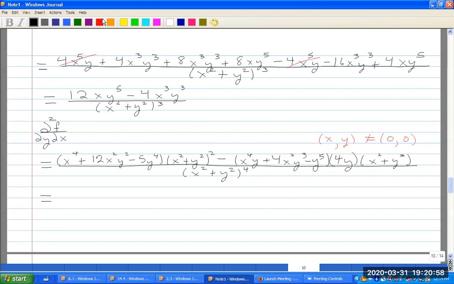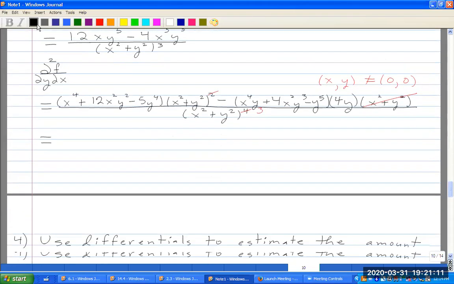And so I can cancel out one of these, and I'll have 3 remaining. Okay. Multiply everything by x squared.